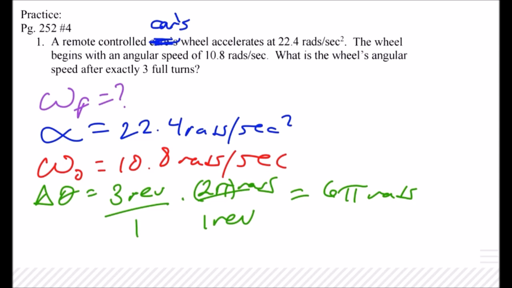All right, so now we need to find an equation that has only those 4 variables in it and nothing else, okay? It's going to have omega final, omega initial, alpha, and delta theta. So we're going to use the squared one.